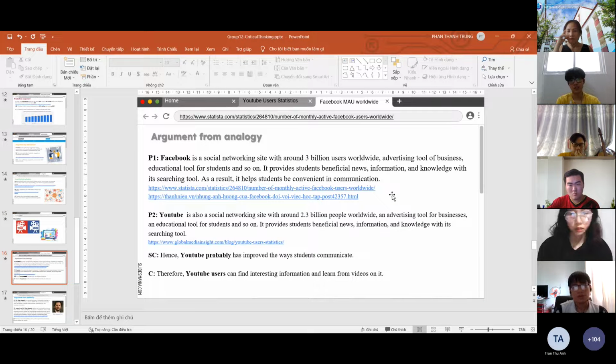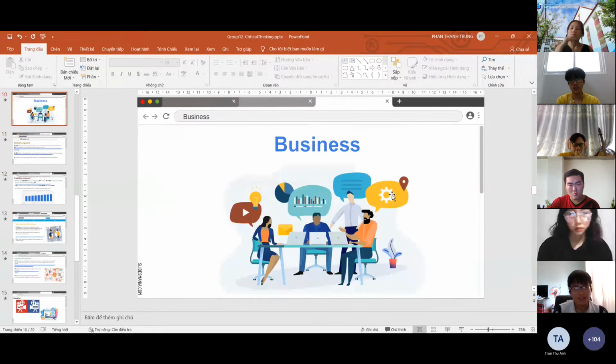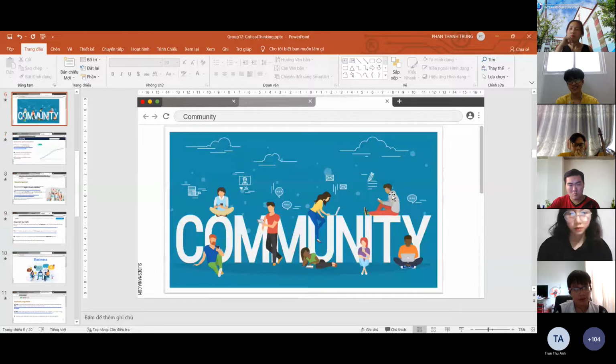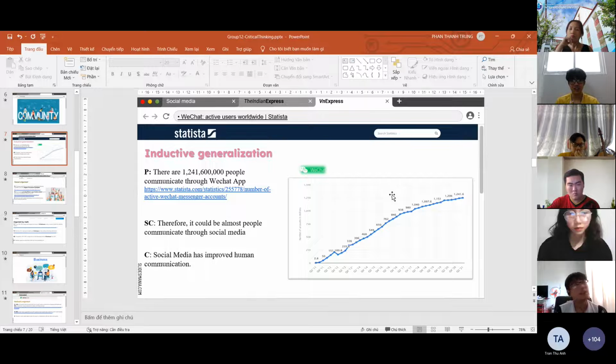So, first of all, talking about the inductive generalization, this is my mistake because I just took one example to generalize the whole of our social media tools. And yes, I agree with Tuan about our mistake.